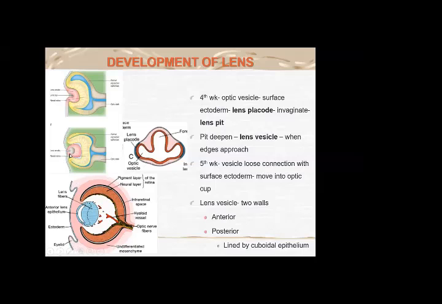So lens separate हो जाता है, surface ectoderm becomes a separate structure, even though once upon a time the lens developed as part of the surface ectoderm. So if there's a question about the development of the lens, please remember the lens developed as a thickened surface ectoderm.